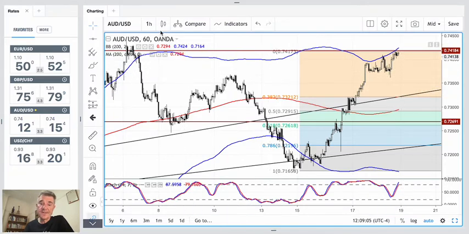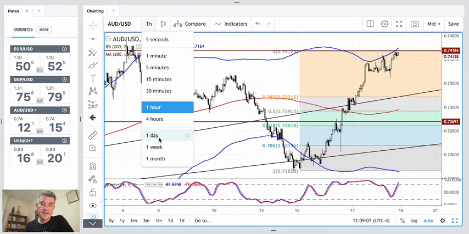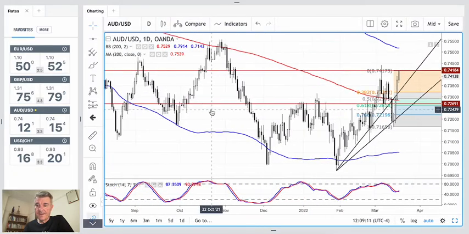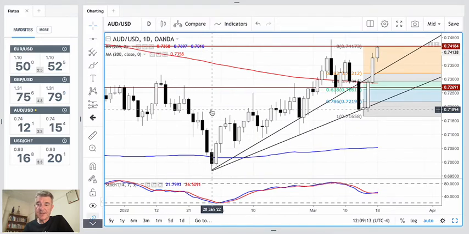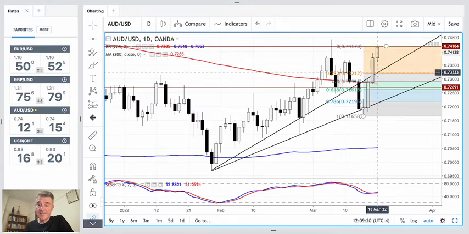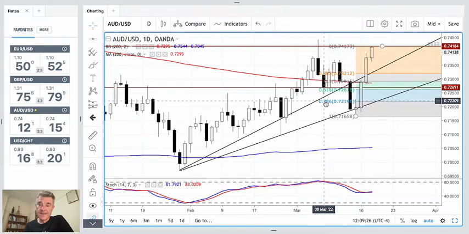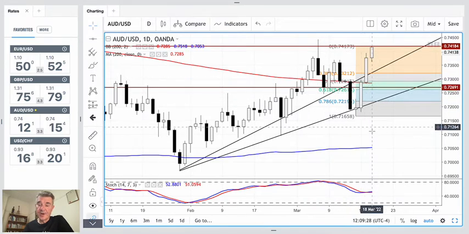Now, if I go and have a look at the daily chart, it makes it slightly clearer. And there's the daily chart. The first thing again I noticed from the daily chart is have a look at these three daily candles. Look at those. They've moved up 3 candles in a row.